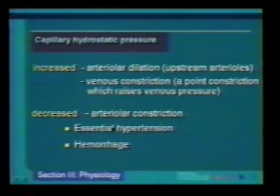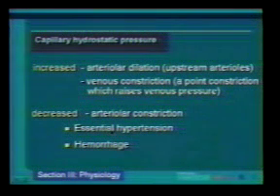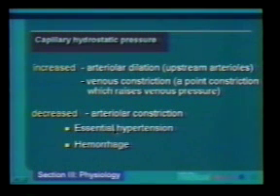Now, we already mentioned the situation in essential hypertension. If you constrict the arterioles, then upstream in the systemic arteries, pressure goes up and the individual is hypertensive, but downstream from the arterioles in the capillaries, pressure goes down.